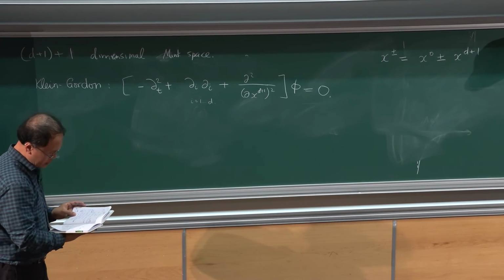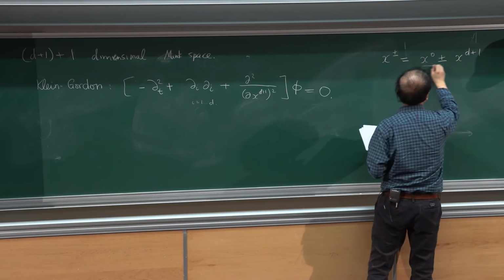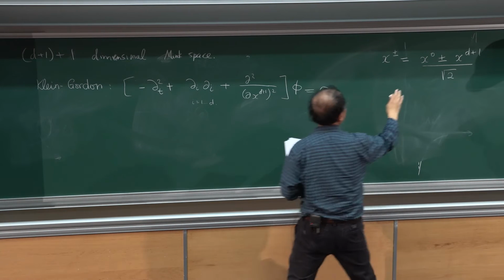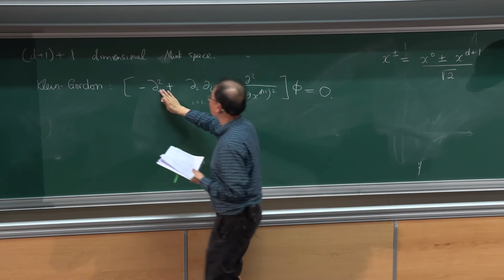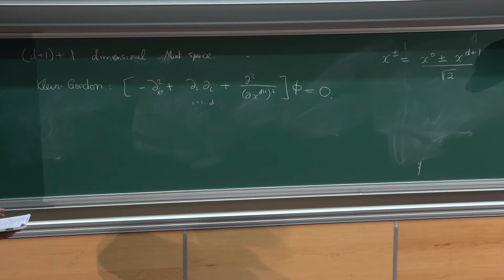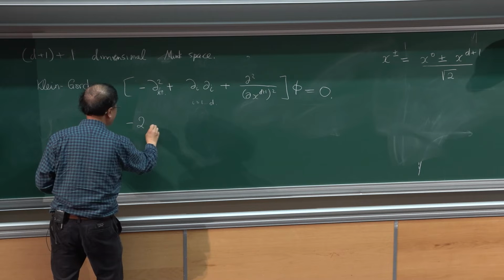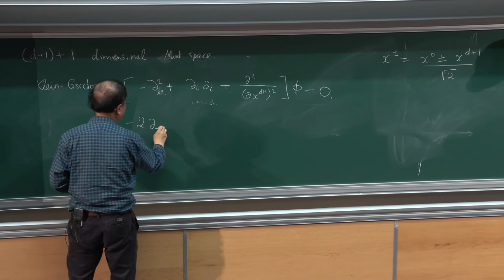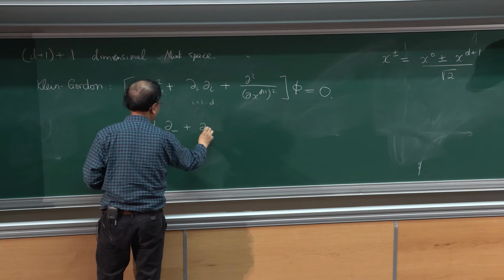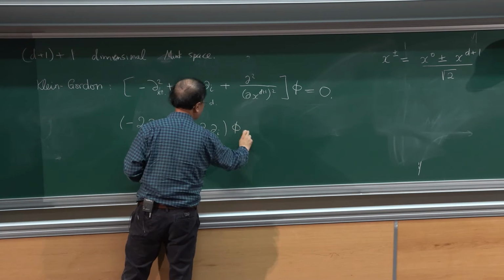And I have to see whether I need a factor of one over square root of 2. x0 is t, right, so we have x0 here. So then the Klein-Gordon equation becomes like this. It becomes minus, if I'm not mistaken, d_plus d_minus plus d_i d_i times phi is equal to 0.